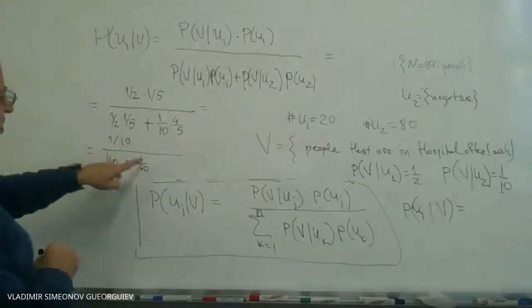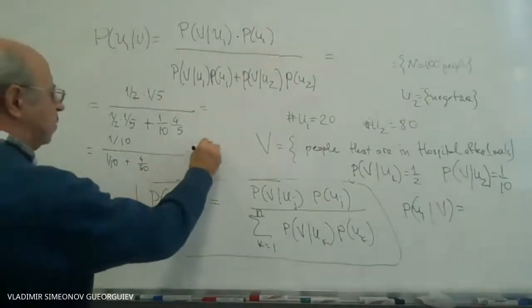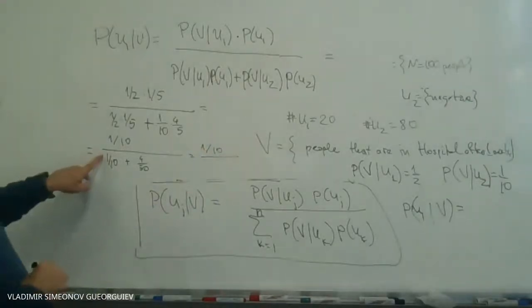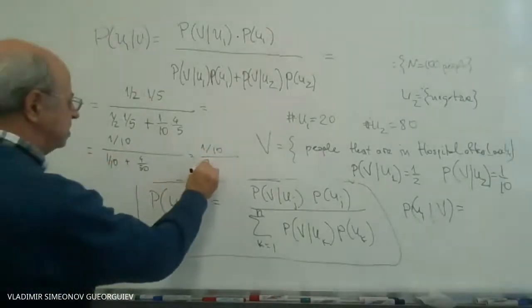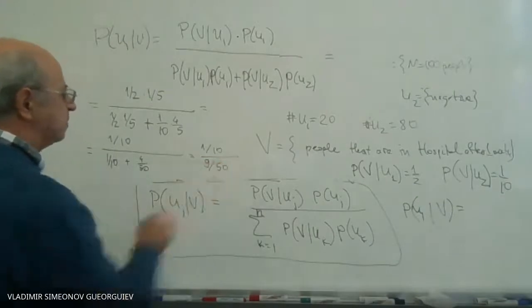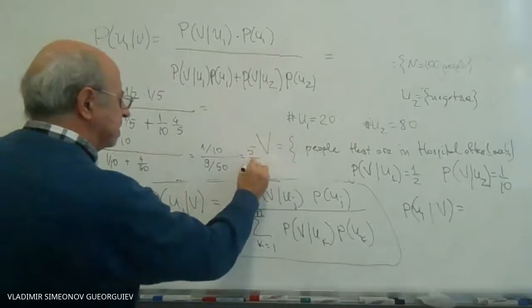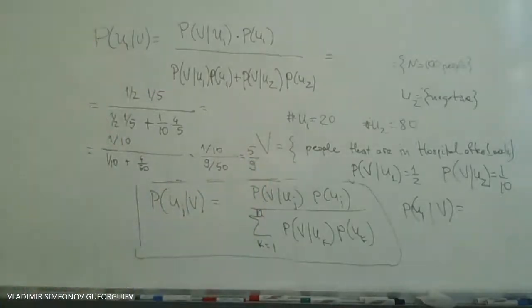This is 9. 1/10 divided by 5 plus 4 over 50 is 9/50. So this is 5/9. Let me check if you agree with my calculation.